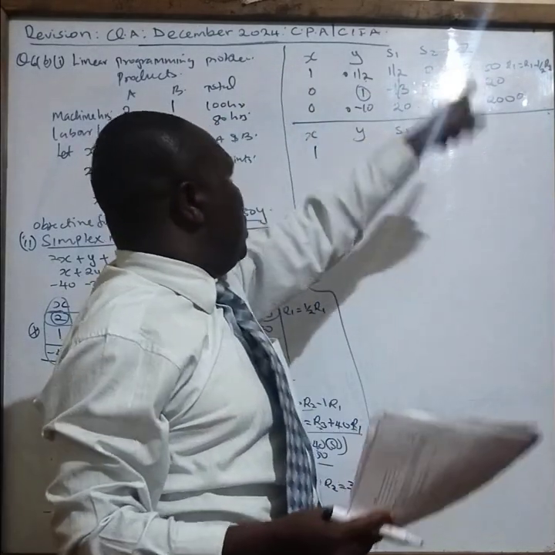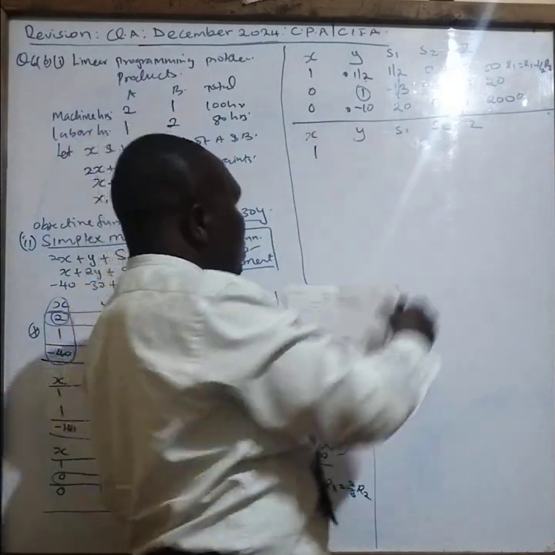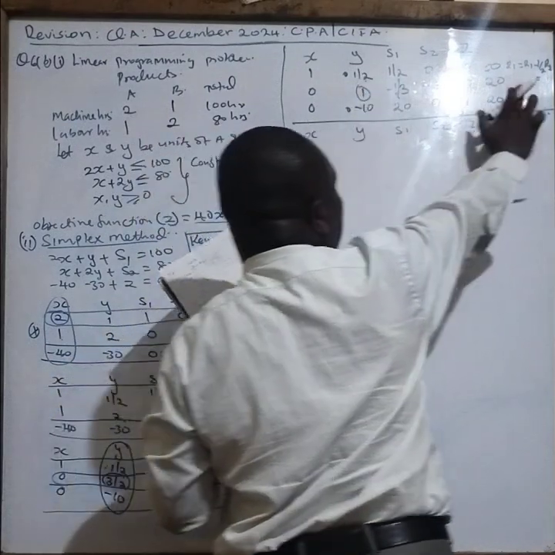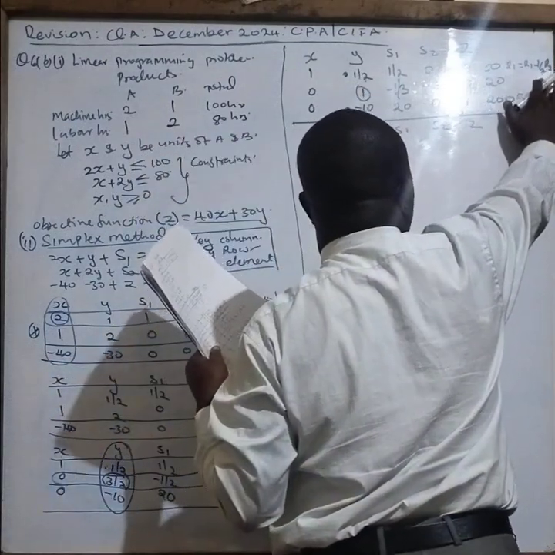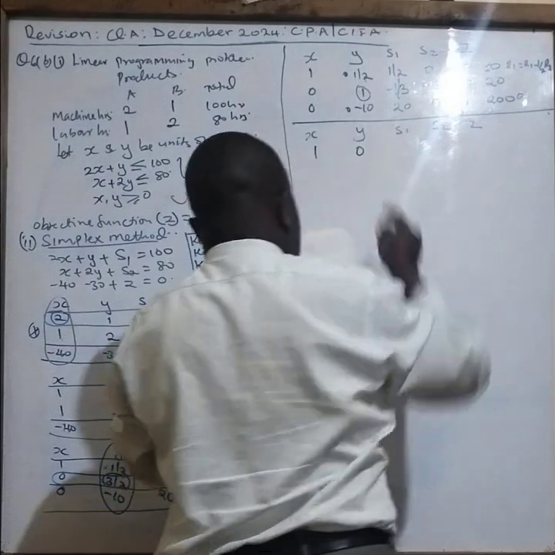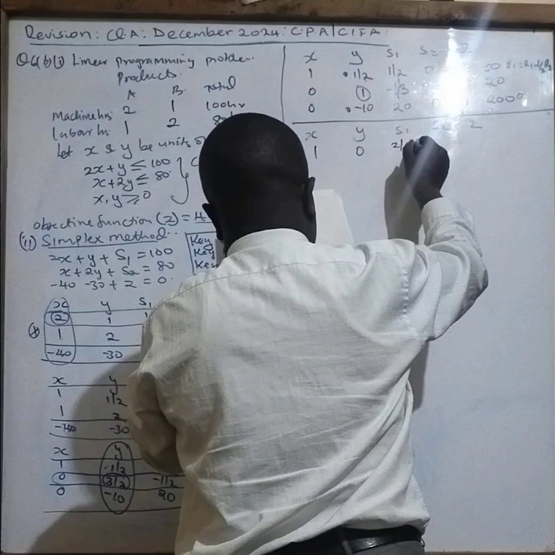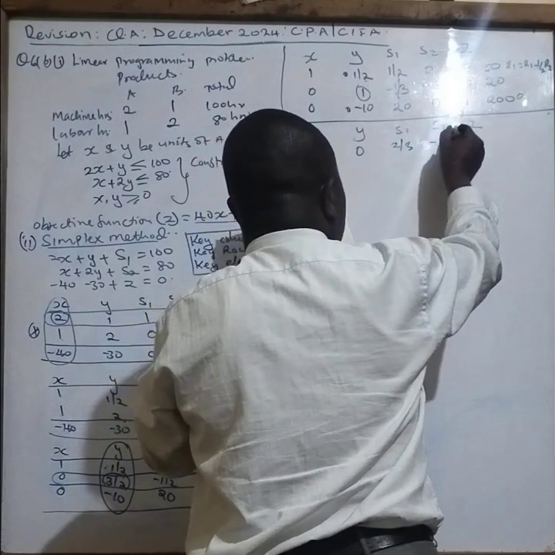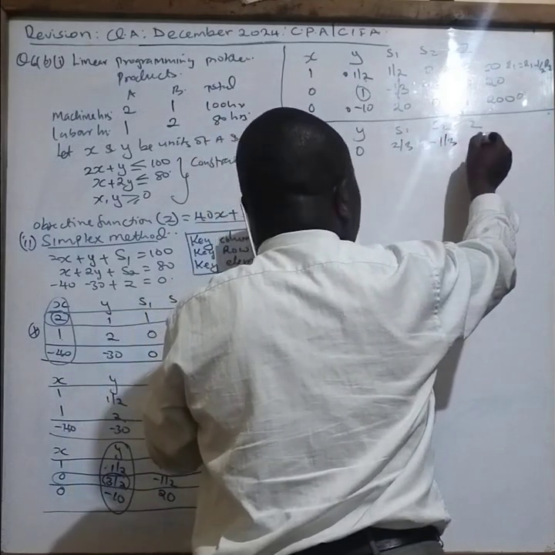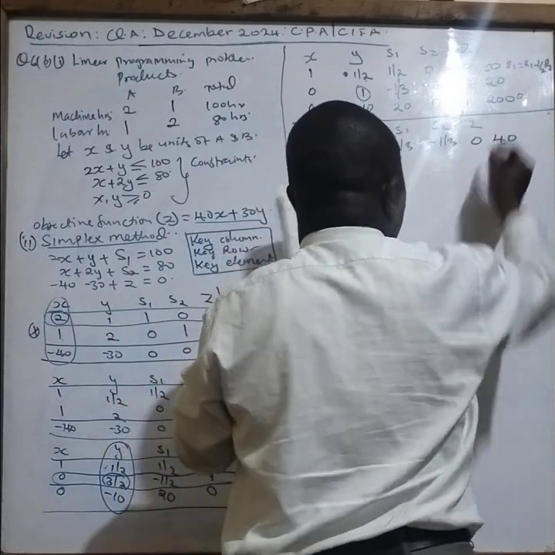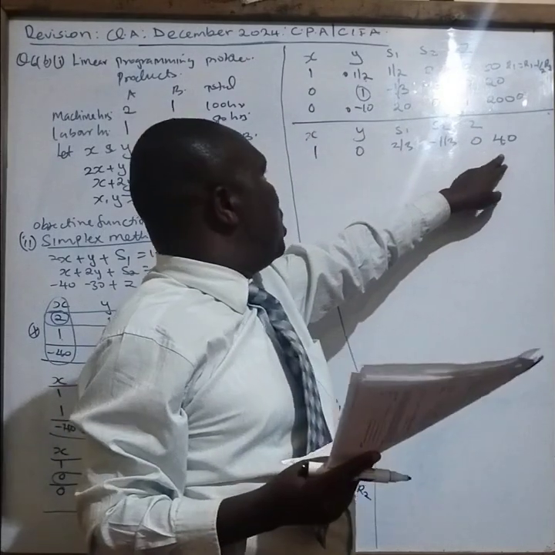So half times 0 is 0, so we'll be left with 1. Then a half minus a half times 1, you get 0. So when you multiply, you'll get 0 there. You get 2 over 3. And then you get negative 1 over 3. Then finally you get 0. And finally you get 40. These are the equals now.